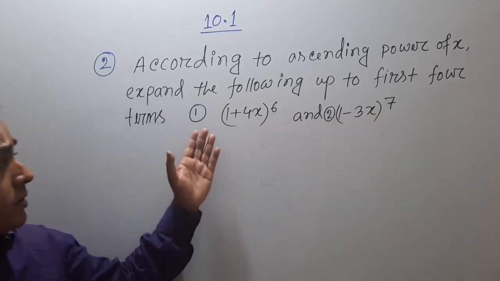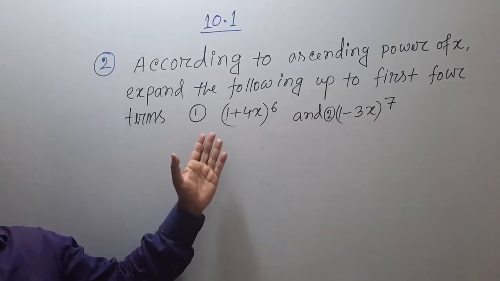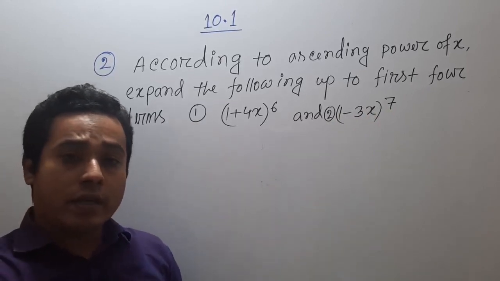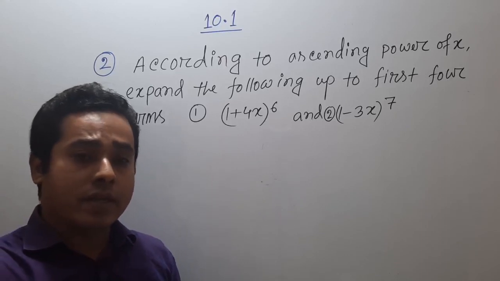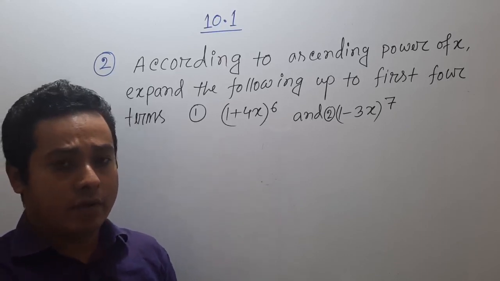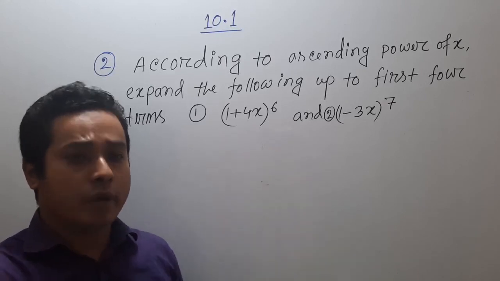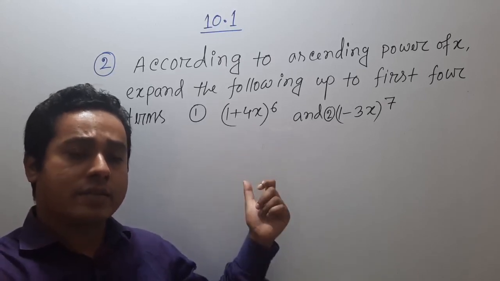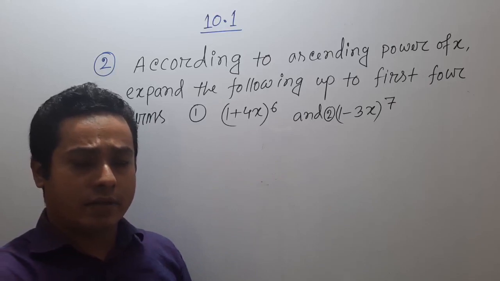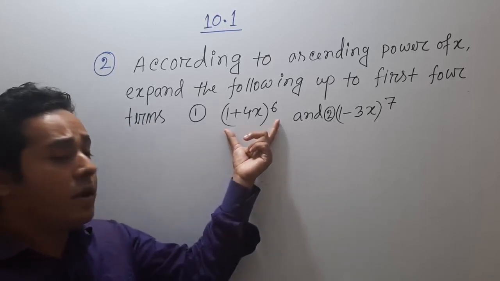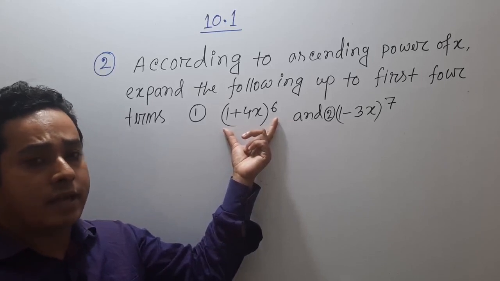In these problems we can apply either Pascal's triangle or the binomial theorem, but we want to discuss both ways. Okay, how can we expand this term by Pascal's triangle?